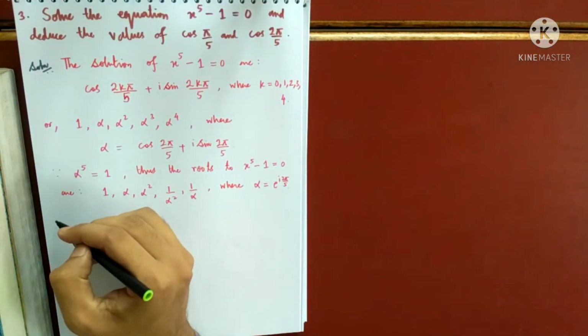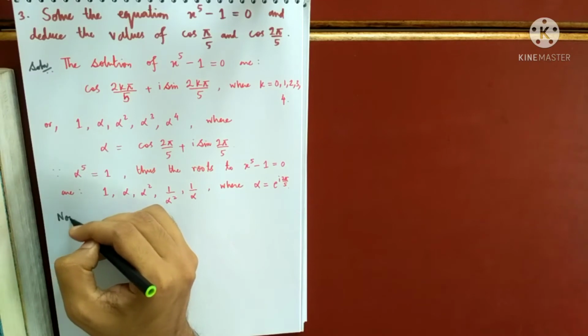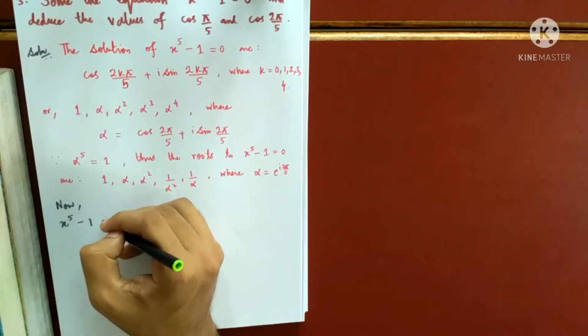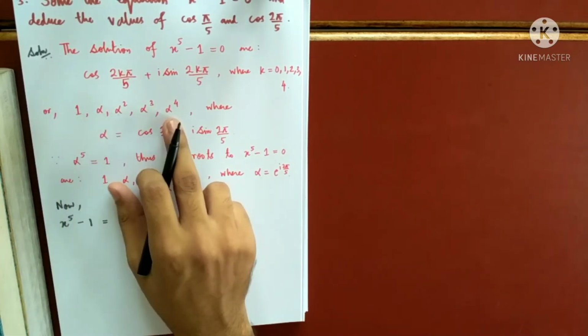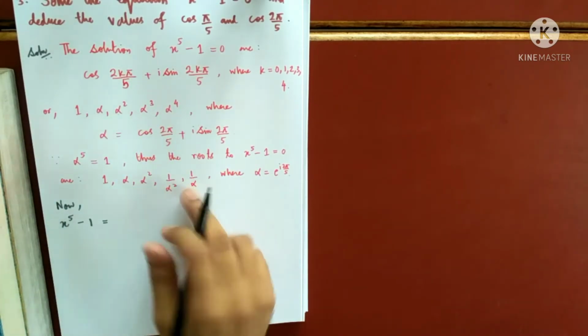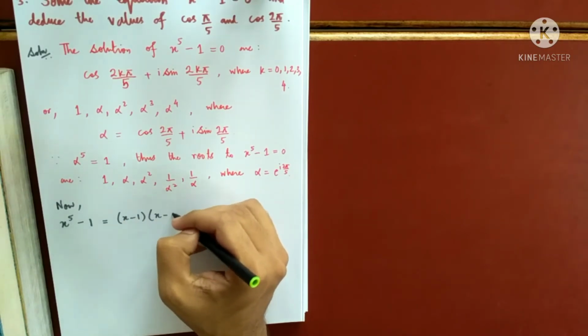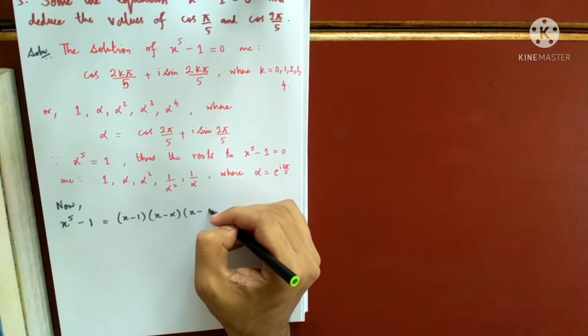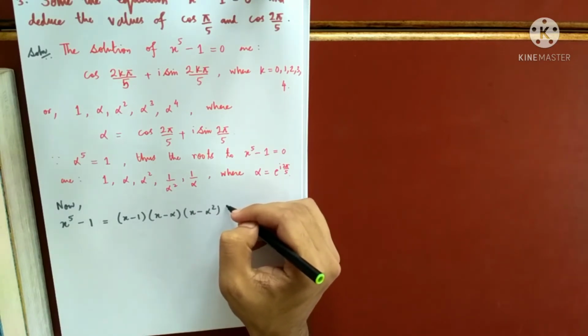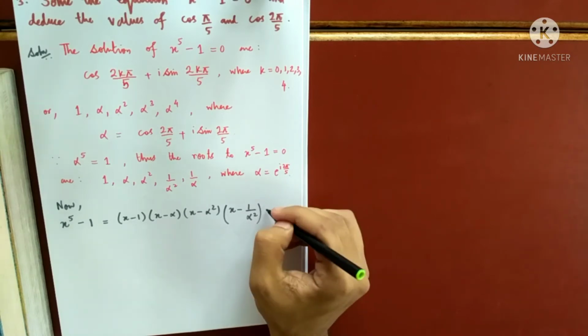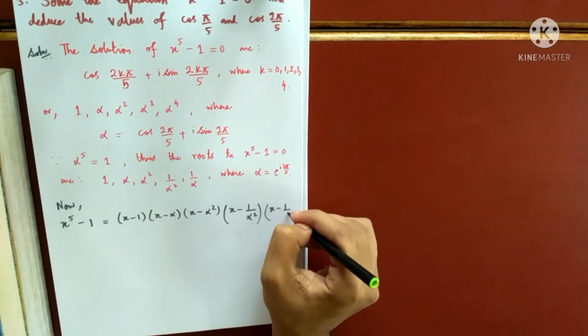So now x to the power 5 minus 1 can be factored this way, because these 5 are the roots. Let me factor this as x minus 1, x minus alpha, x minus alpha square, x minus 1 by alpha square, and then x minus 1 by alpha.